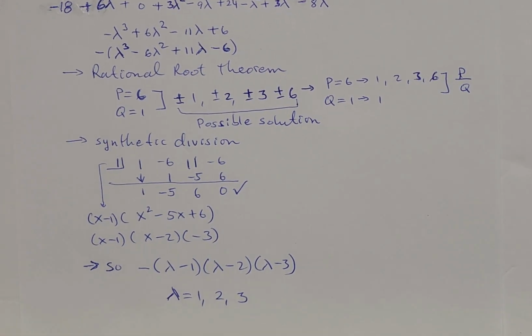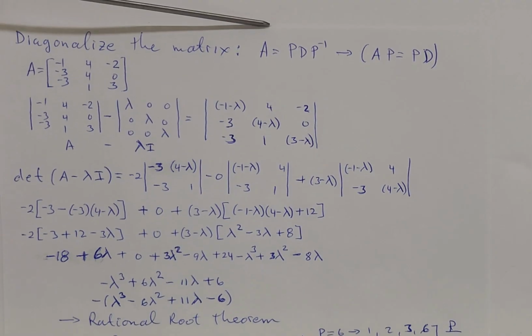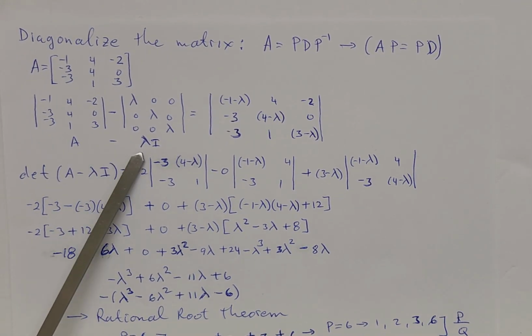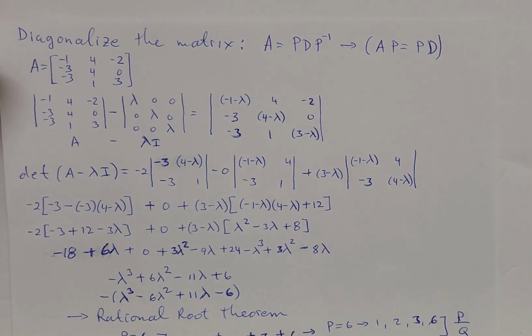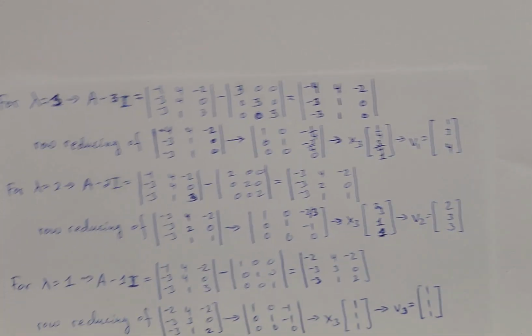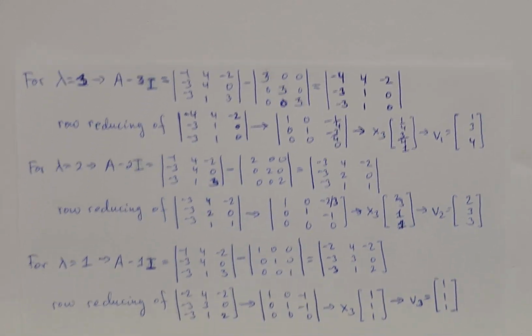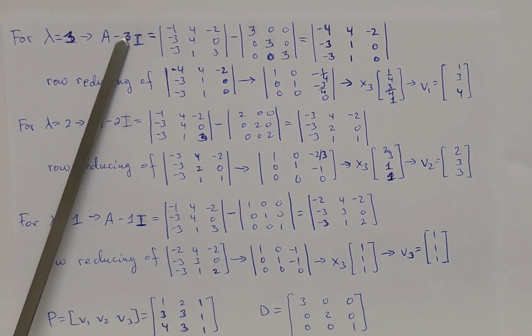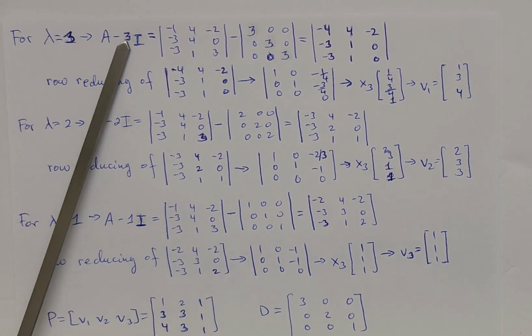And then I will use this part right here, A minus lambda I, to get the basis for each of the eigenvalues. So the first eigenvalue would be 3. Instead of using lambda, I put the 3 in.